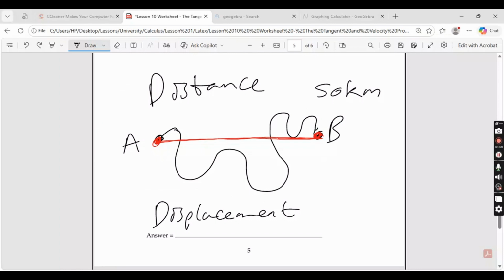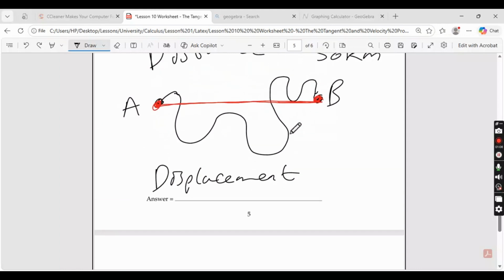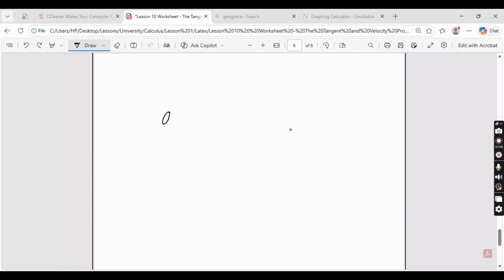Or in certain scenarios, if you're coming from A to B, you go like this, and then you think, oh, I messed up, I used the wrong route.